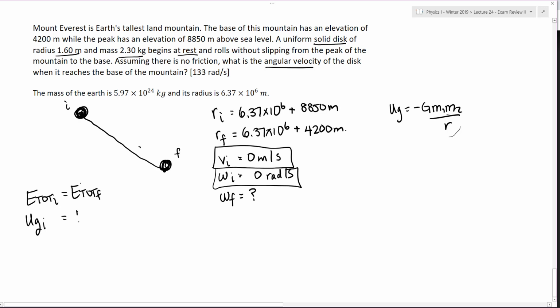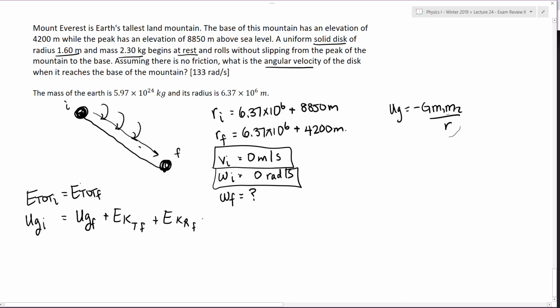And at the end, we still have gravitational potential energy, but we also have kinetic energy. But this is a disk that is rolling, so it has translational kinetic energy as it goes down the ramp, but it also has rotational kinetic energy as it rotates while going down the ramp. So I have EK translational plus EK rotational.